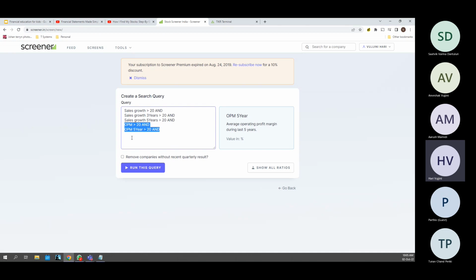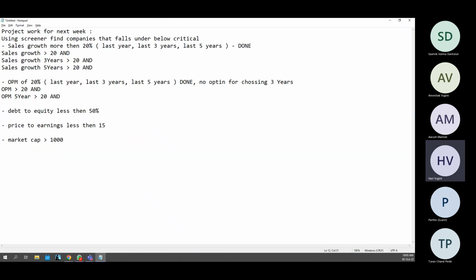When you type debt, you get so many options. Here it's debt to equity we are looking for, and it has to be less than 0.5. 50% is 0.5. Okay, so this is done.